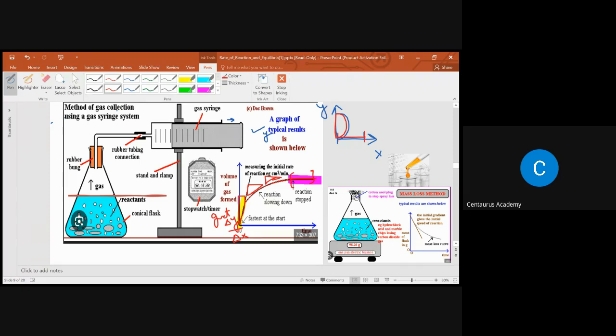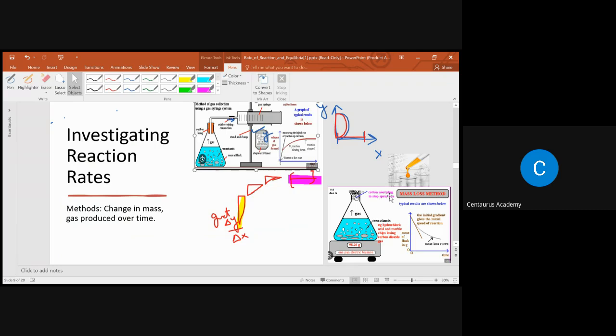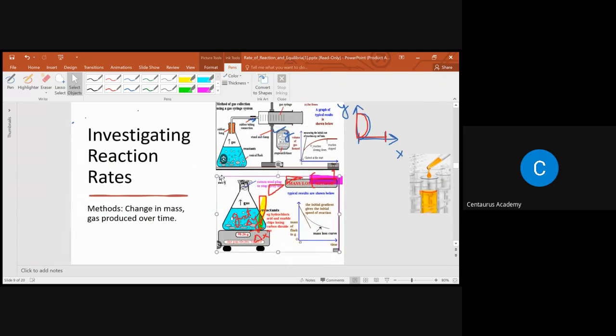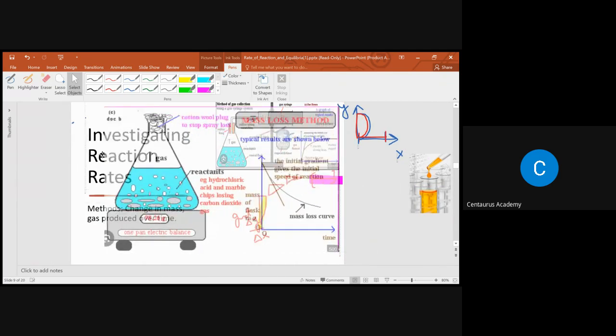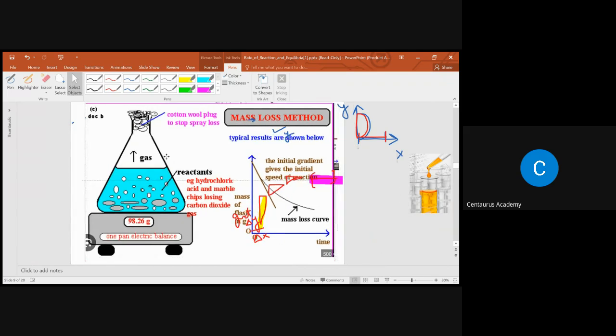Okay, in the next one, let me just zoom the other one in now. This is another method of investigating the rate of reaction. How? You're going to add in the reactants into the conical flask.